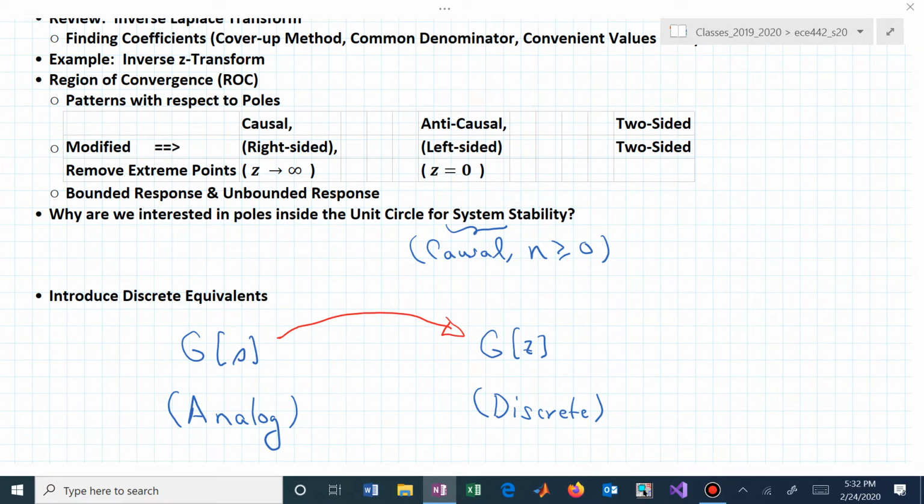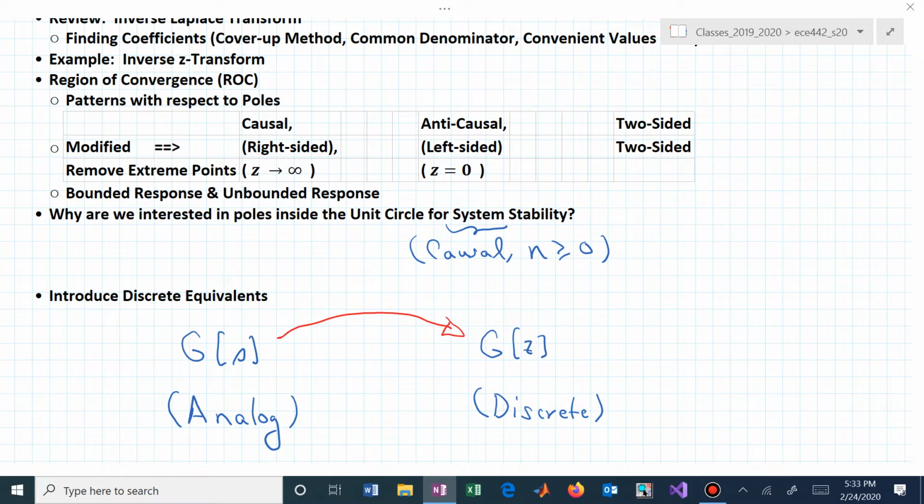If you have a causal sequence, then you know that the region of convergence is beyond all of your poles. If it's anti-causal, your region of convergence is inside all of your poles. If it's two-sided, you have some poles inside and some poles outside your region of convergence. And if it's right-sided, which is a generalization of causal, if you have some negative indexed terms, then you need to remove that limiting case when z goes to infinity.